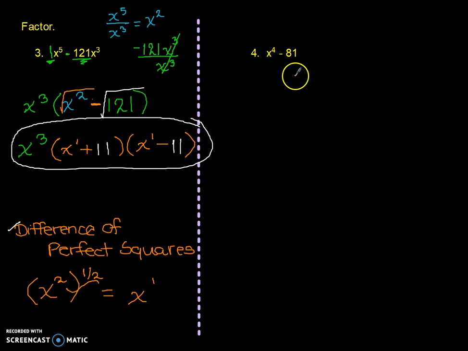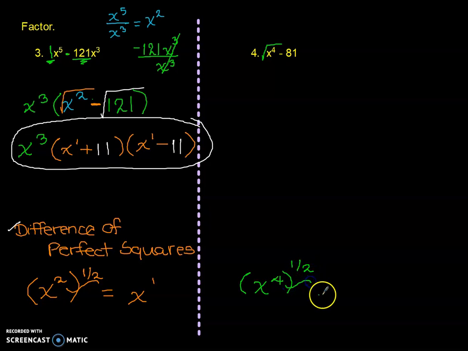And if we look at number 4, strangely enough, there's no GCF. This is x to the 4th. This second term doesn't have an x at all. But if you look, it is a difference, and I can take the square root of each one of them perfectly. Anything that is a square root just has a power of 1/2.